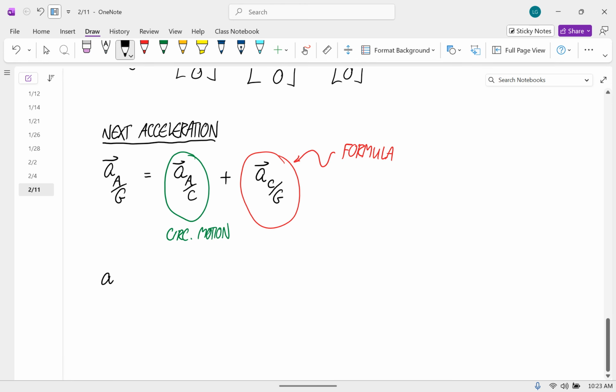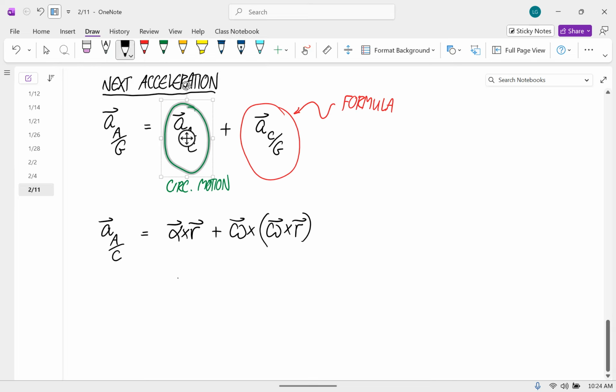So for the acceleration of A relative to the center, what equation do we use here? It's just straight circular motion. Yeah, watermelon equation. So we have alpha cross r plus omega cross quantity omega cross r.